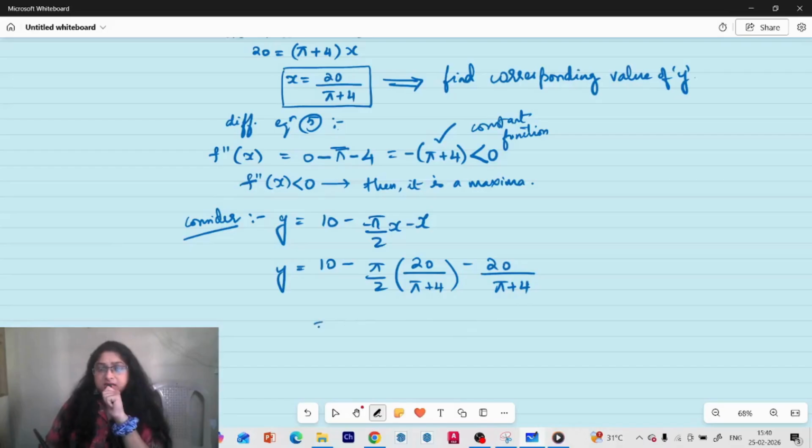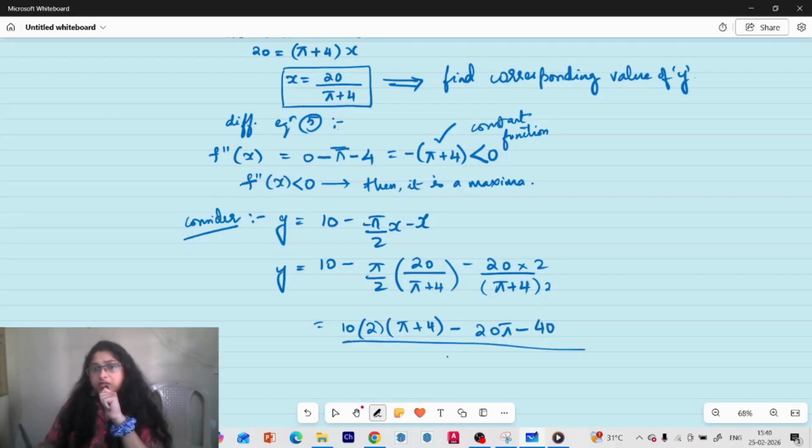And that's it. Let's take the LCM. So 10 into 2 into pi plus 4 minus 20 pi minus, if you take the LCM, there's going to be a 2 which has to be multiplied, right? So minus 40, whole divided by 2 into pi plus 4.